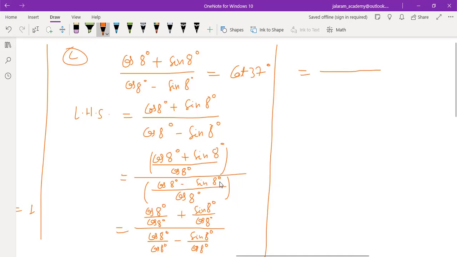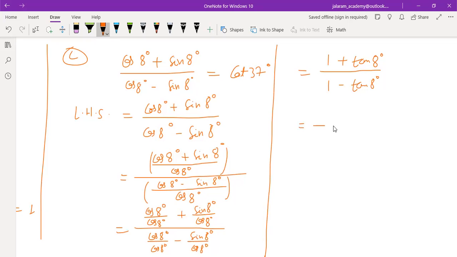So it is equal to 1 plus tan 8 degree over 1 minus tan 8 degree.